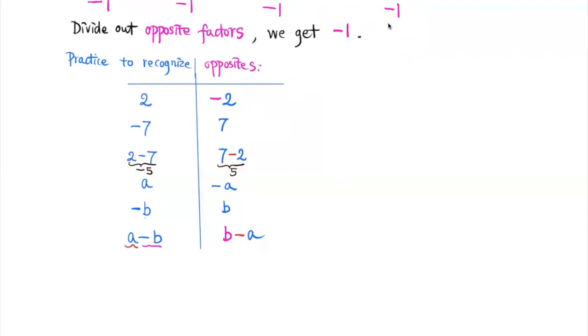Now, when we divide opposite factors, say A minus B divided by B minus A, since they are opposite, they are opposite factors. When we divide opposites, the result we get will be equal to -1. So remember, divide opposite factors, and we'll get -1.